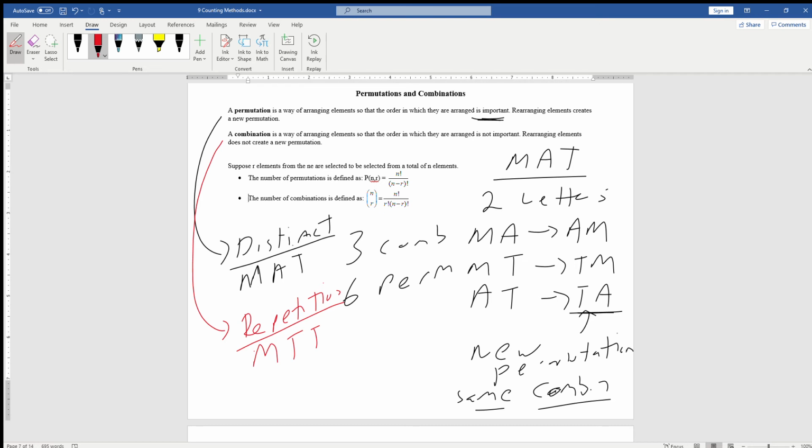I'm going to post a video on Blackboard to show how to utilize the calculator to compute the number of combinations and the number of permutations. It's actually pretty easy. In your calculator, let's say you wanted to compute permutation 2, 1.